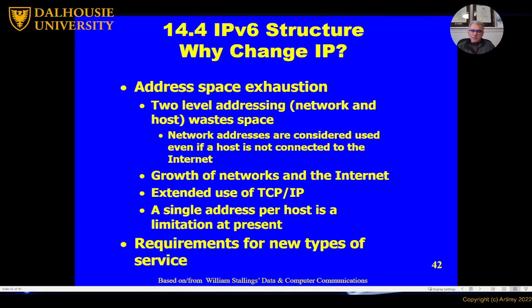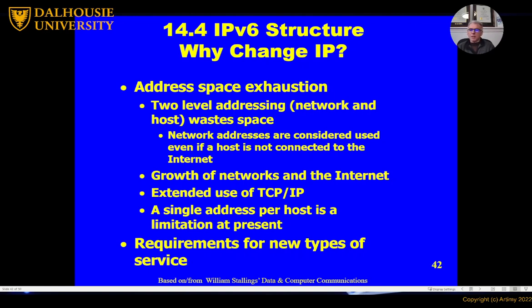It turned out that that was not correct, due to the explosion of people and things using the internet and IP, and also because the early assignment of IP addresses was not efficient.